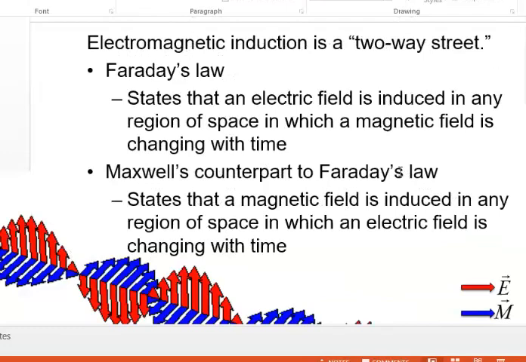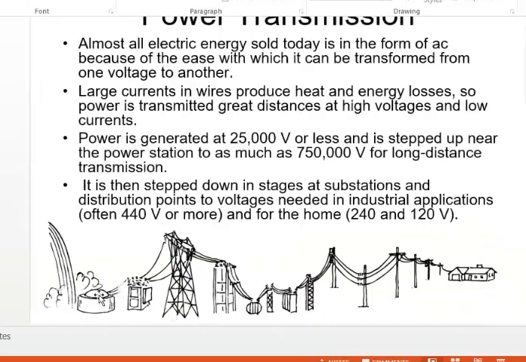So you see here, this is the power plant, the power station. Here power is produced, say at 25,000 volts or less. But before supplying to the city or to the consumer points, this 25,000 volts has to be converted into higher and higher voltage, say 7,50,000 volts, and then supplied.